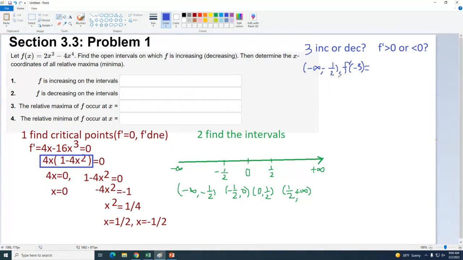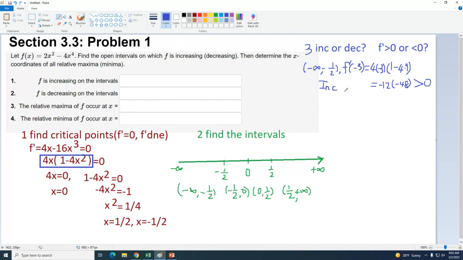We'll have 4 times negative 3, and then times 1 minus 4 times 3 squared, which is 4 times 9. It's negative 12 times negative 48. The answer is positive, so we know it's increasing on this interval.